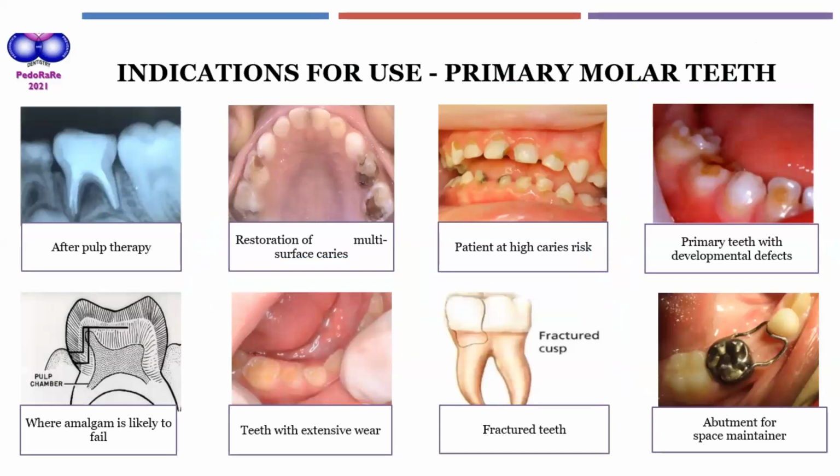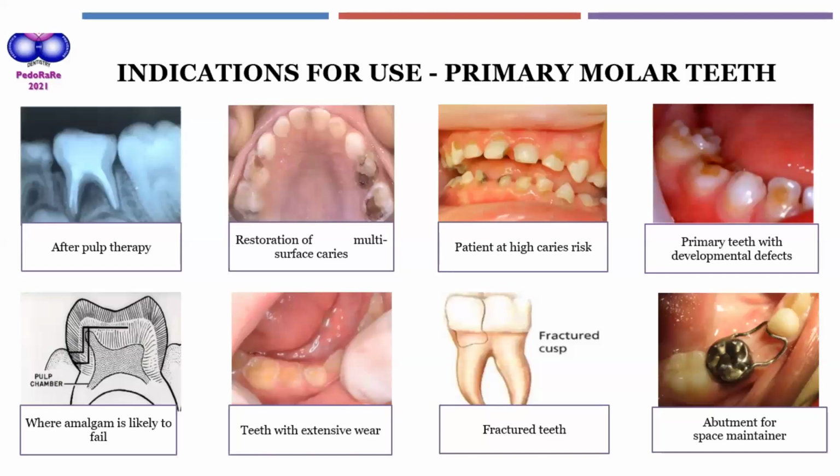Now, what are the indications? This is very important for all the students to know, because we see a lot of posts on Instagram nowadays. If even a simple class 2 is there, people tend to go for a stainless steel crown, thinking that's the end result. I believe we should give importance to the small tooth and to the tooth structure.